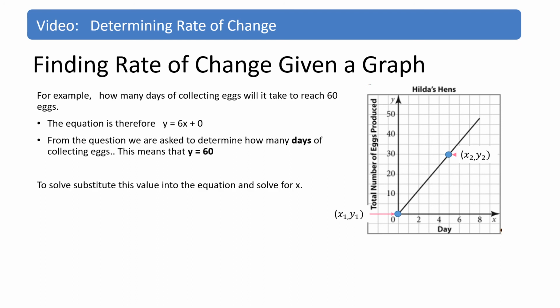To solve, substitute this value into the equation and solve for x. y equals 6x, so 60 is equal to 6x. We divide 60 by 6 and we get the answer 10. Therefore, it will take 10 days to collect 60 eggs.